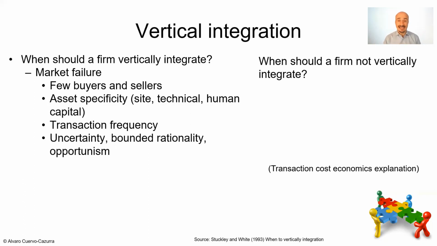Transaction frequency is another influence. If I'm always having to integrate, talk to each other, negotiate, and all these things, maybe I should just make it easier if we are part of the same company. And then there are the typical assumptions that come with transaction cost economics and behavioral economics in general: uncertainty, bounded rationality, opportunism.